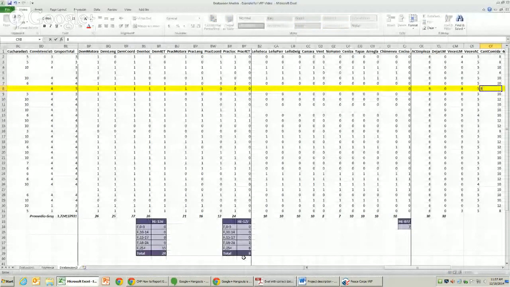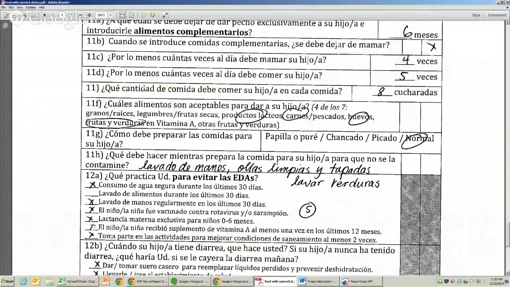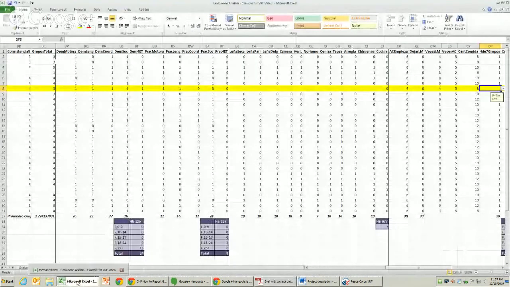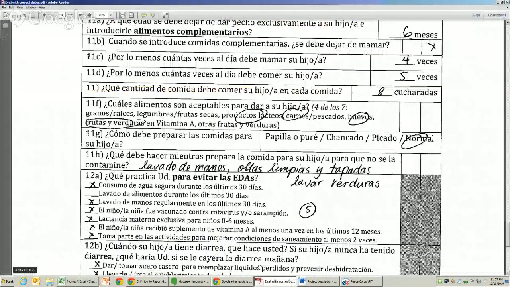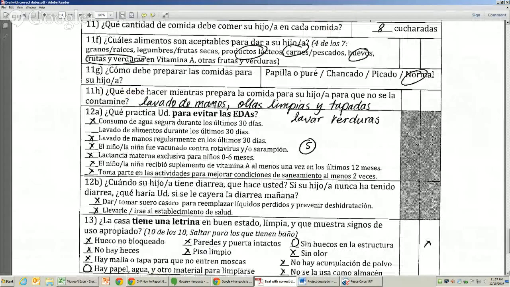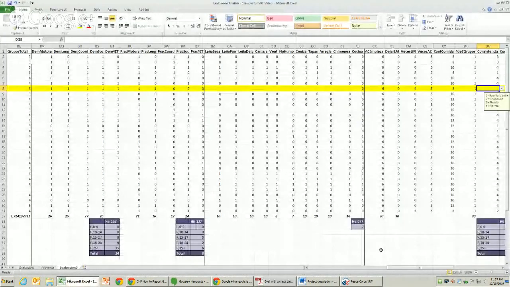The next ones mentioned 1, 2, 3, 4 food groups, so that one's fine. Gets a 1. The consistency of the food is normal, so that's going to be 4. And they've mentioned this time washing hands, washing fruits and vegetables, and having clean things in the kitchen. So that one's fine as well. Normal consistency, good answer.